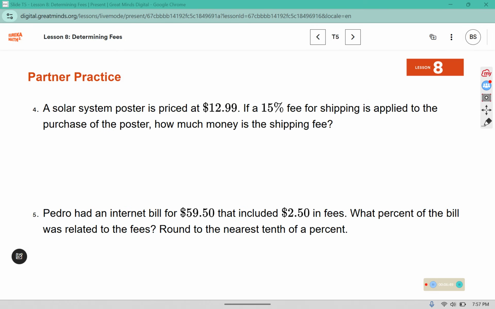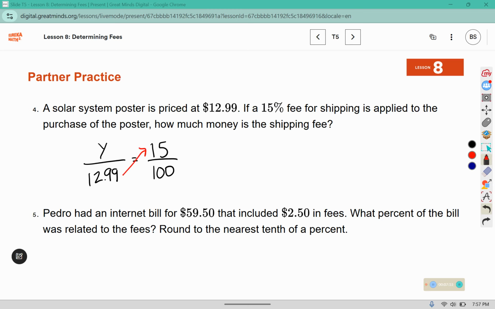A solar system poster is priced at $12.99. If a 15% fee for shipping is applied to the purchase of the poster, how much money is the shipping fee? So $12.99 is the price of the poster, and the fee is 15% of the price.